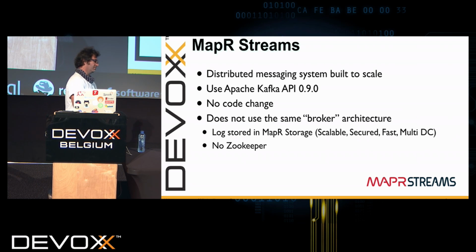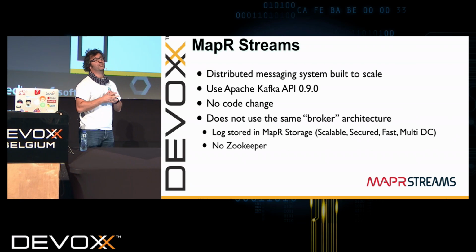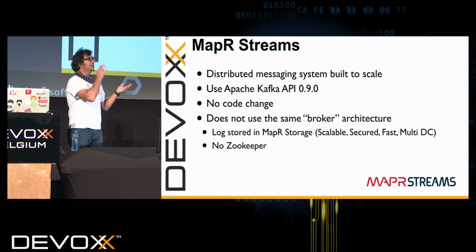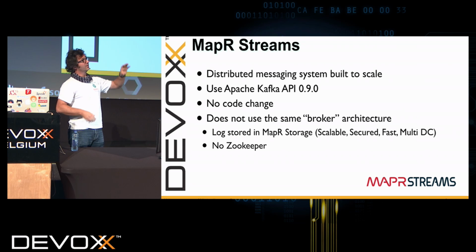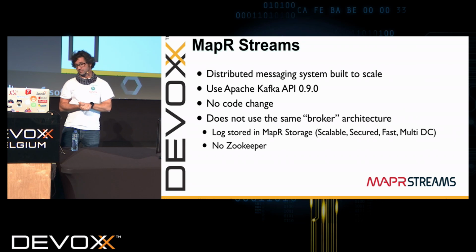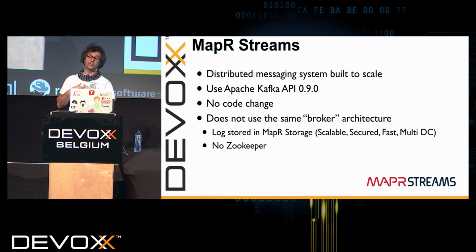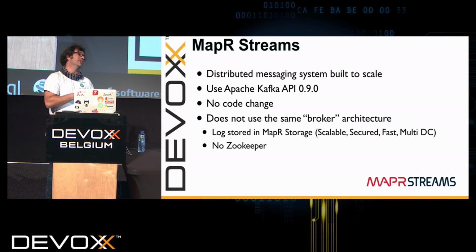MapR Streams uses the Apache Kafka API, but internally, where the messages are stored, it's different from Kafka. Kafka is usually one server that will write on a single disk. MapR Streams will use the MapR cluster that is already distributed and already writes on many, many disks.